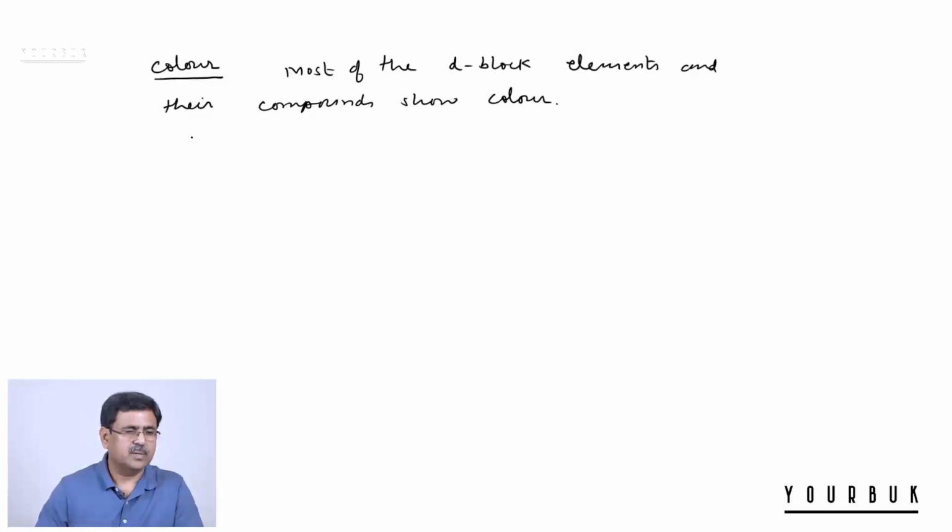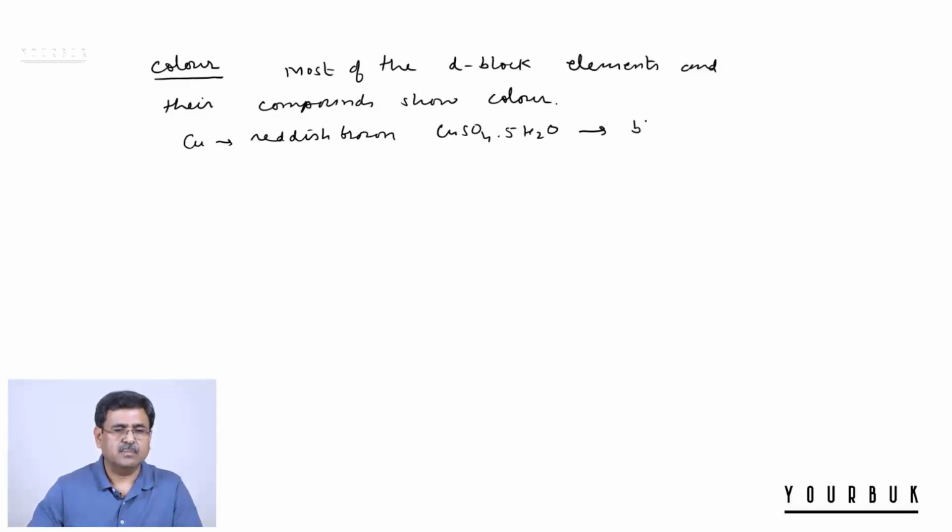For example, copper metal is reddish brown and copper sulfate pentahydrate is blue in color. Another example is iron metal is grayish in color, while FeSO4 7H2O has a green color.